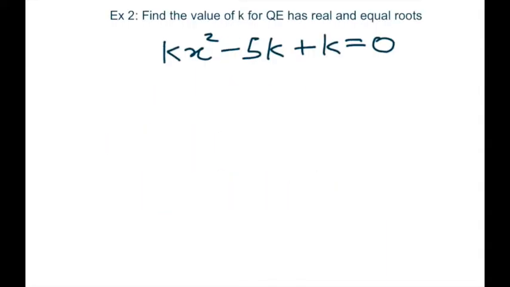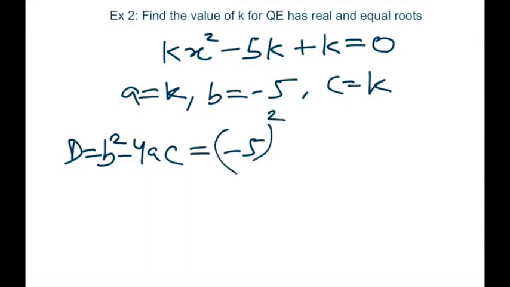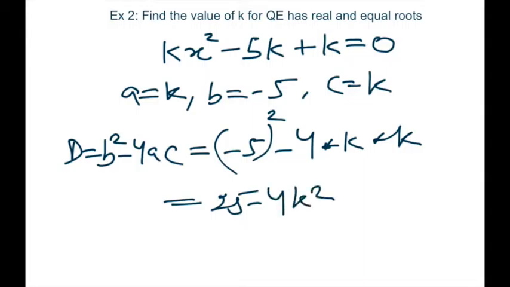Next example is find the value of k for which this quadratic equation has real and equal roots. So let's find out the discriminant. A is equal to k, b is equal to minus 5, c is equal to k again. So d is nothing but b square minus 4ac. Putting these values we get minus 5 whole square minus 4 into k square, which is nothing but 25 minus 4k square.